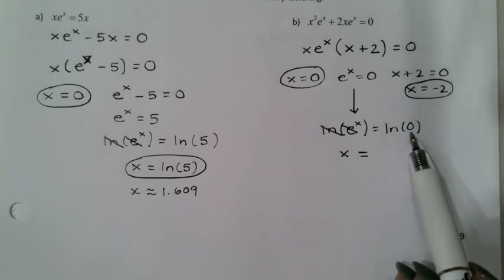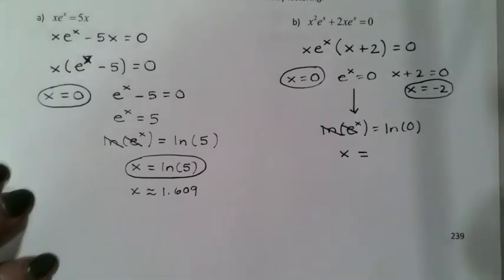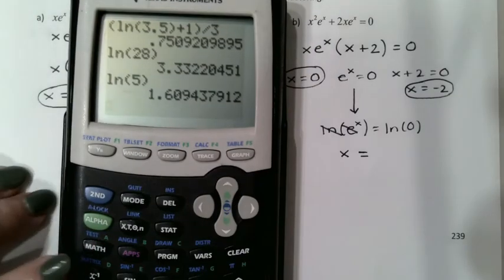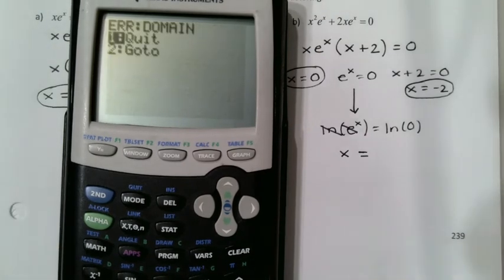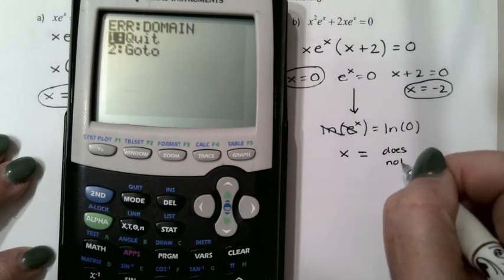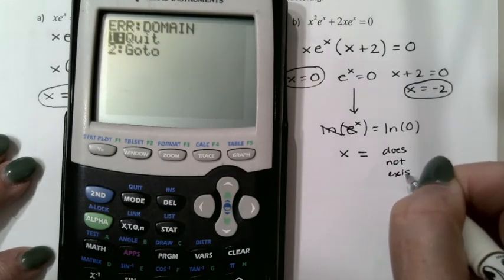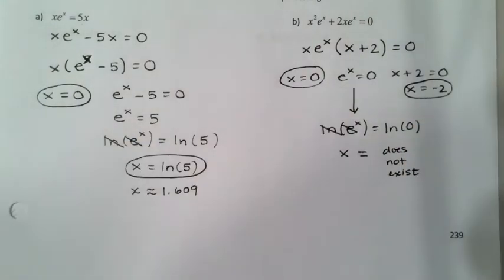Just positive ones. 0 is not positive. In fact, the natural log of 0 does not exist. If you try it, the calculator is going to give you an error message. So, does not exist. So in this case, the two solutions that we found up here are the only two solutions.